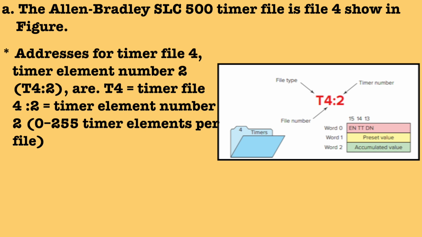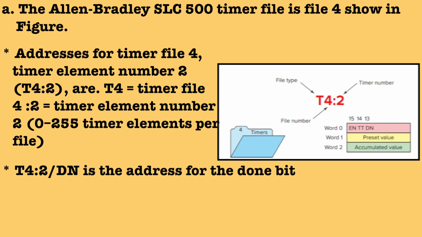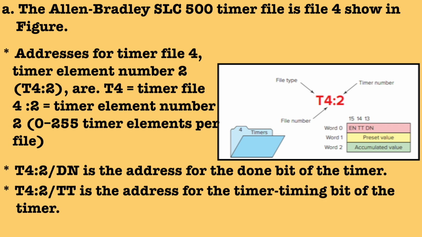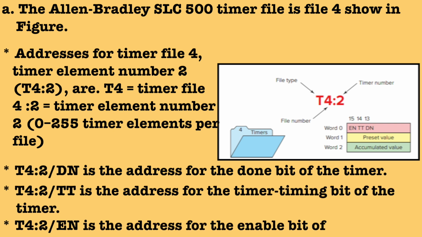In a similar way, T4:2/DN represents the done bit, T4:2/TT represents the timer timing bit and T4:2/EN represents the enable bit. So every timer has three bits: the done bit, enable bit and timer timing bit, as you can also see in the diagram.